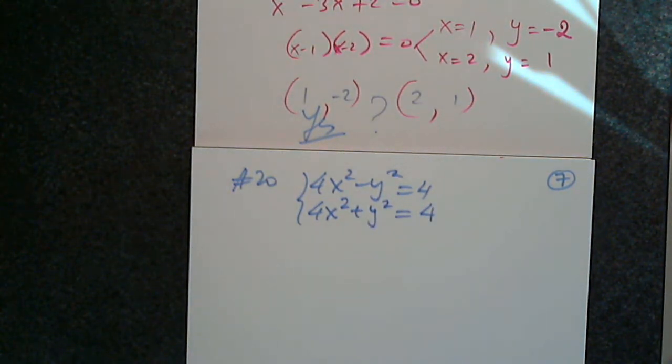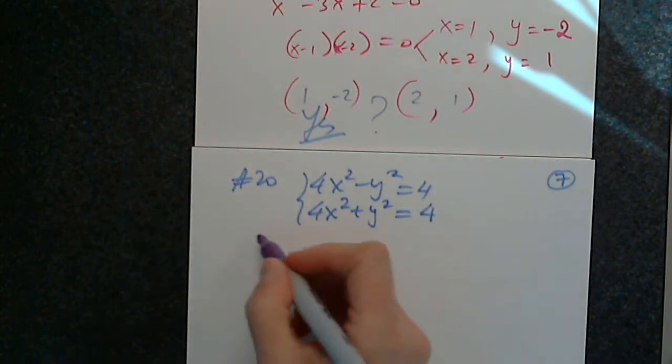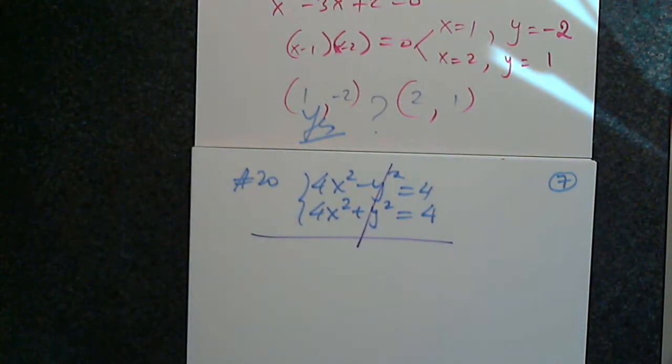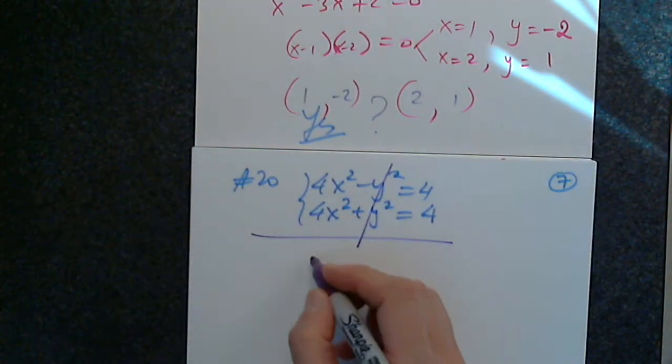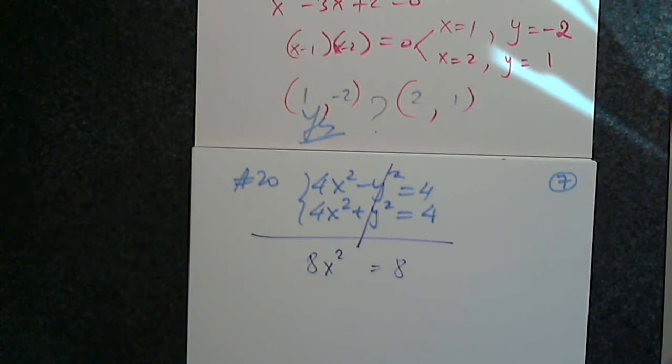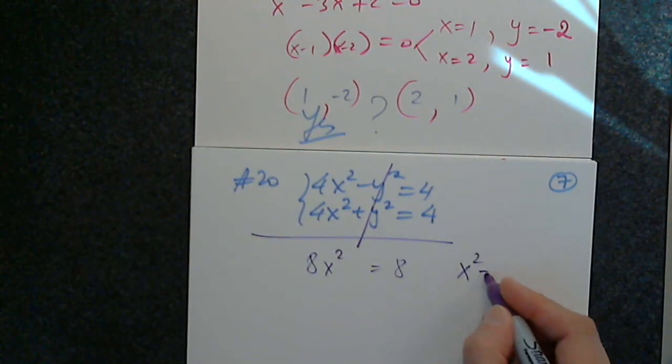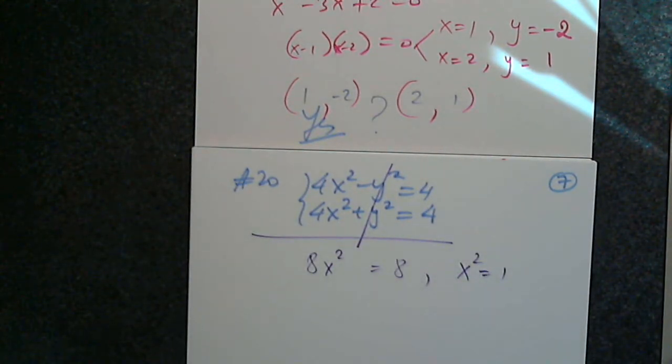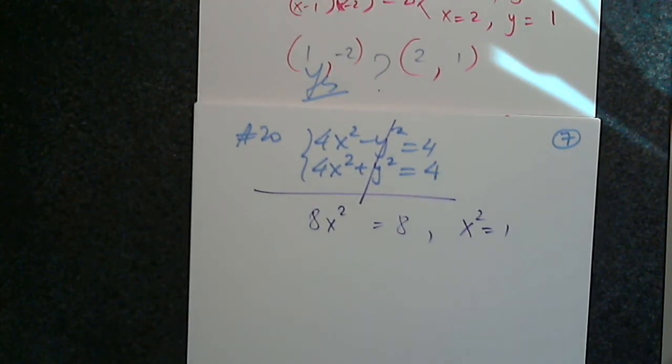In this particular situation, I don't really have to do much, because I can immediately eliminate the second term. One is negative y squared, the other is positive y squared. So the left-hand side is 8x squared, and the right-hand side is 8. No problem, x squared equals 1 after I divide both sides by 8. And we know how to solve this equation. It's quadratic, and we know 4 different methods.